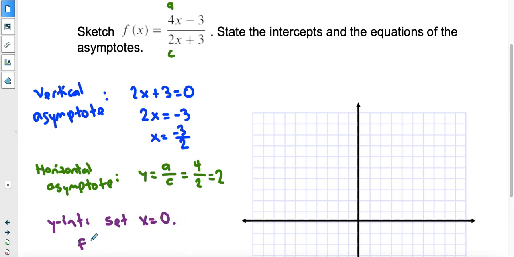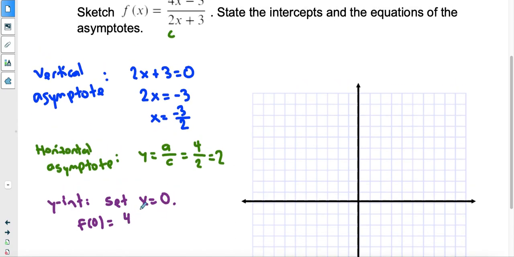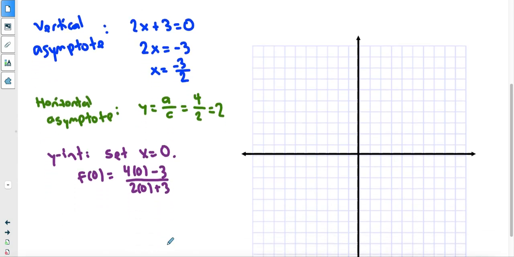I'm just going to replace the x's by 0, so in place of x, I'm plugging in 0 in my function here. 4 times 0 minus 3 just gives me negative 3. 2 times 0 plus 3 just gives me 3. Negative 3 divided by 3 gives me negative 1. So my y-intercept is negative 1.